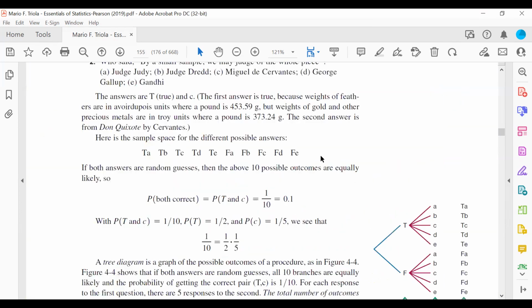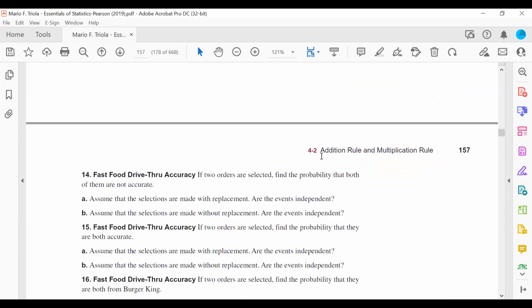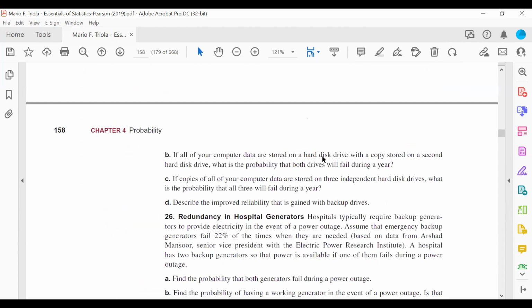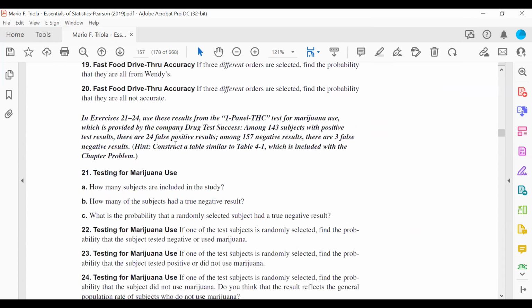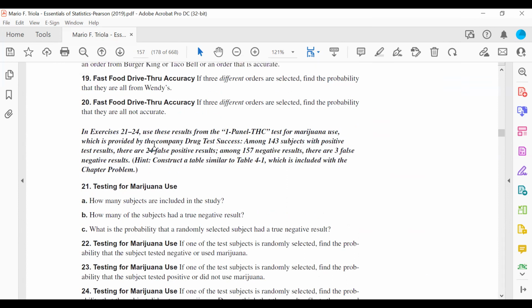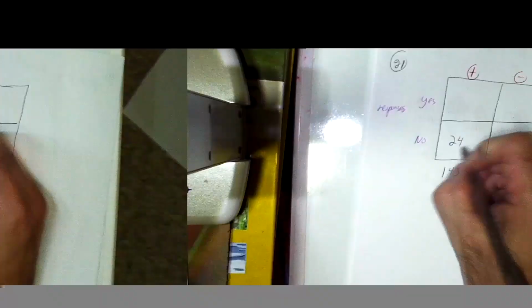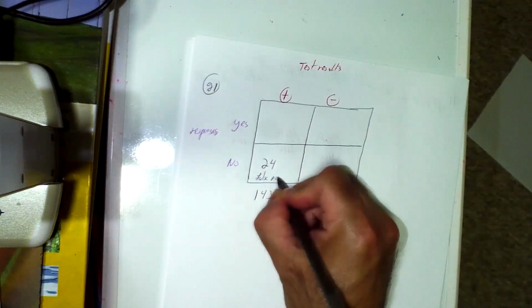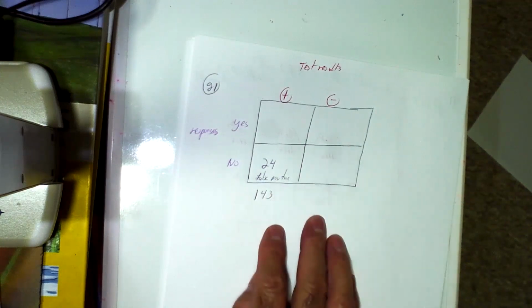So that's where this number, 24, goes. 24 is going to go here. This is the false positive. There you go. False positive goes there.